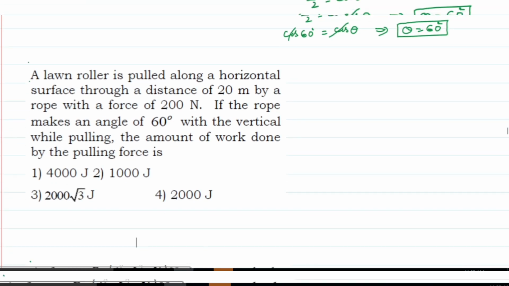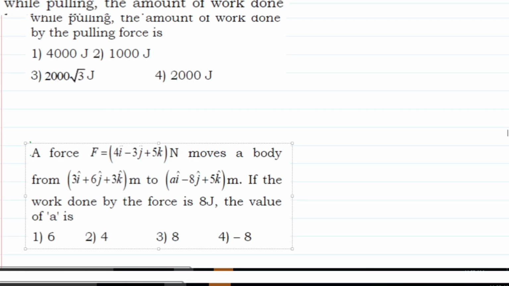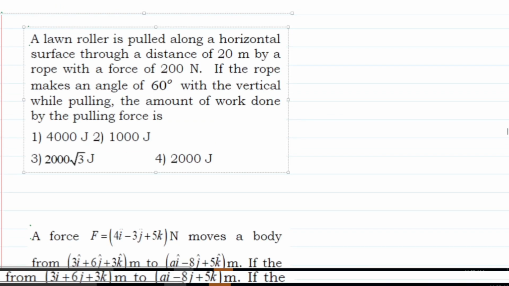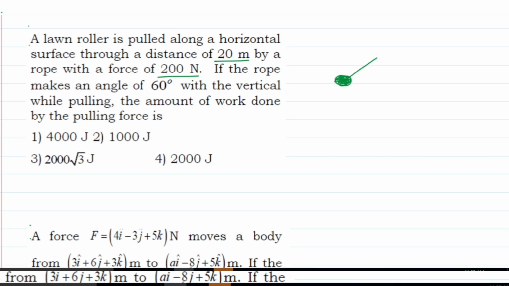Let us see the next question. A lawn roller is given. It is pulled along a horizontal surface through a distance of 20 meters by a rope with a force of 200 newtons. This is a lawn roller, you just imagine, and here you are pulling this lawn roller with some force, given as 200 newtons.